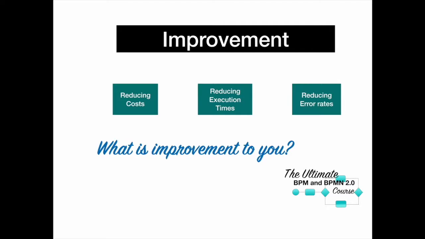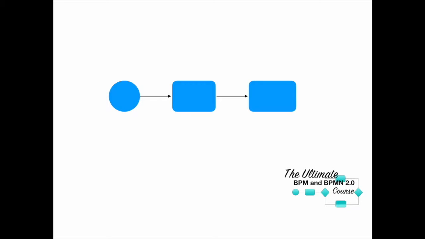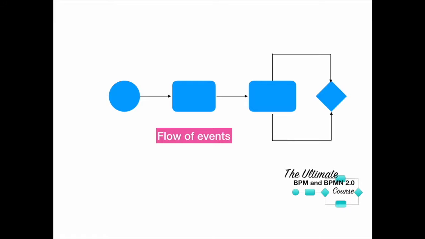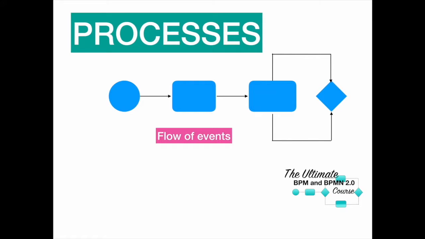Now, business process management is not about improving the way individual activities are performed. Rather, it is about managing entire chains of events, activities, and decisions that ultimately add value to the organization and to its customers. These chains of events, activities, and decisions collectively are what we call processes.